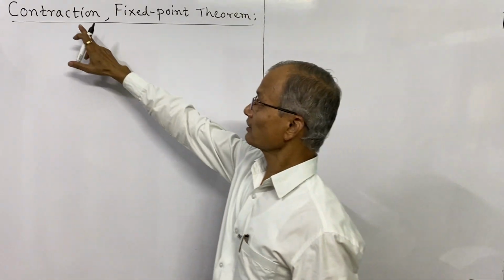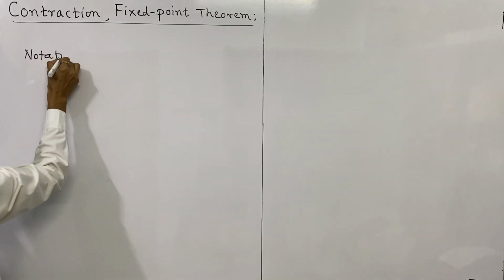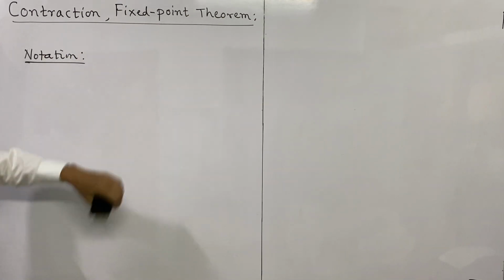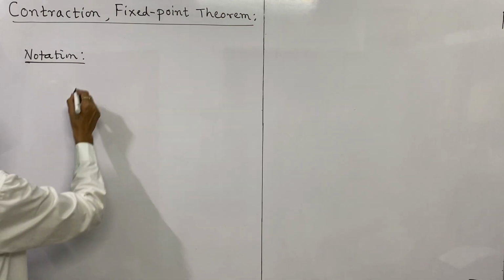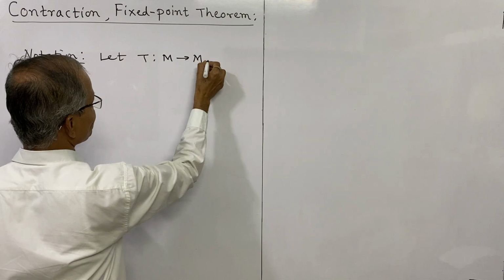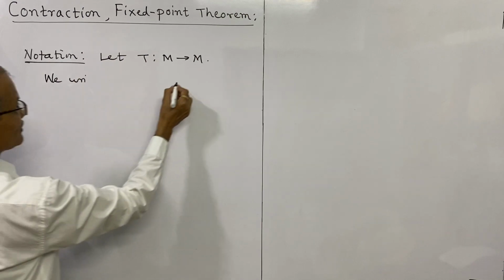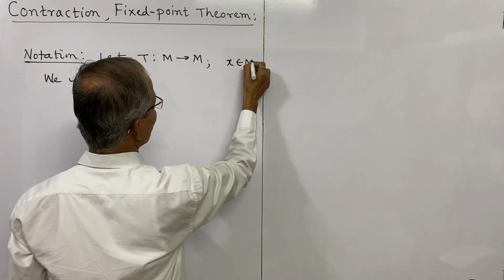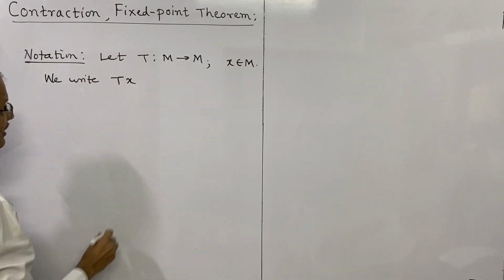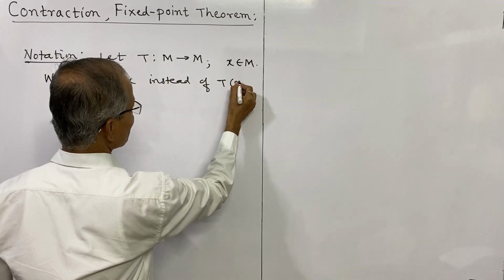Now before considering the definition of contraction, we will write a notation that we are going to use in the definition and also in fixed point theorem. Let T be a mapping from M to M, and suppose x belongs to M. So we write Tx instead of T of x.